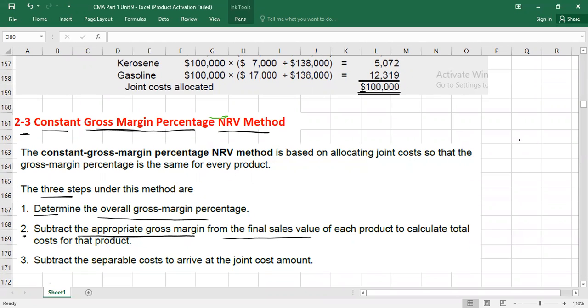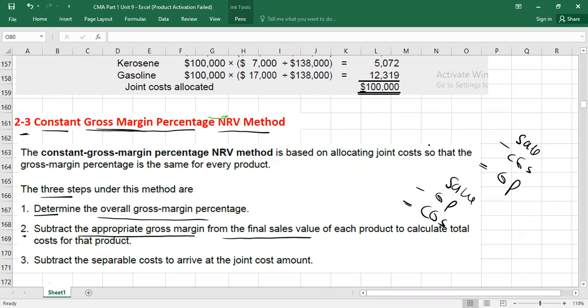Normally what we do, we have sales less cost of goods sold is equal to gross profit, right? But if I know sales value and I know gross profit values, I can reach to cost of goods sold, a total cost.